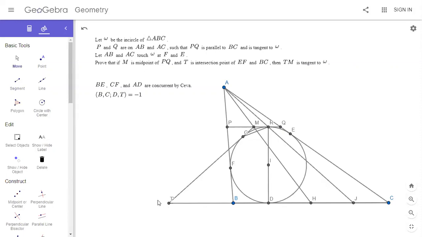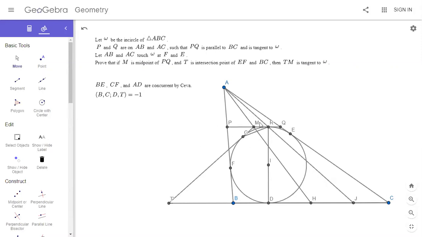All right, so is there anything we can project through? I'm wondering if we project through point G onto PQ.